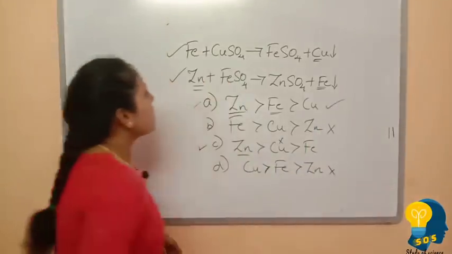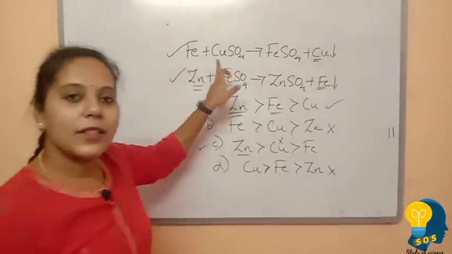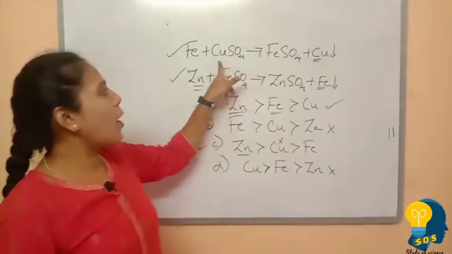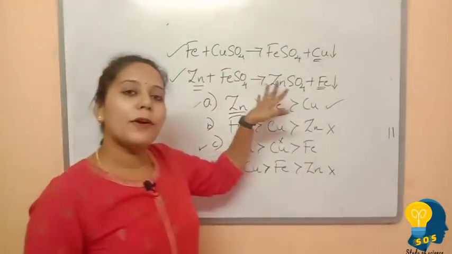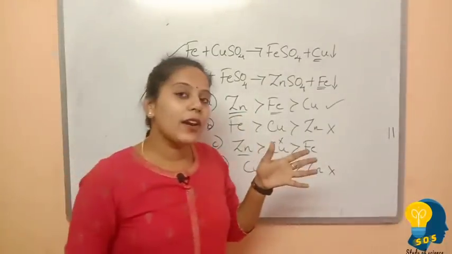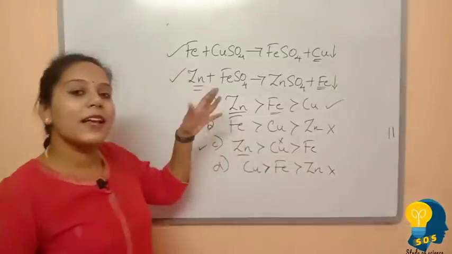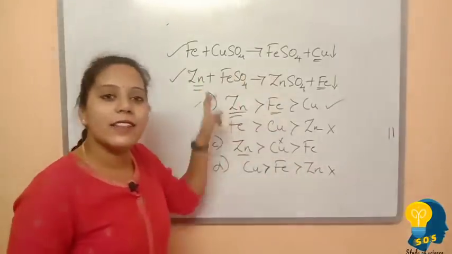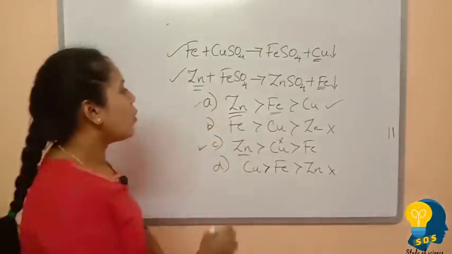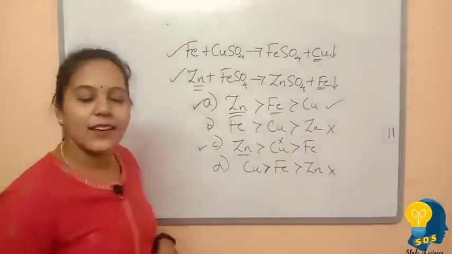I repeat once again: iron, being more reactive than copper, displaces copper from copper sulfate solution. But zinc is more reactive than iron, so zinc displaces iron from the iron sulfate, which we also call ferrous sulfate solution. So option A is the correct answer here.